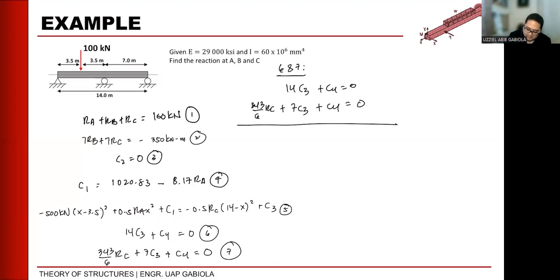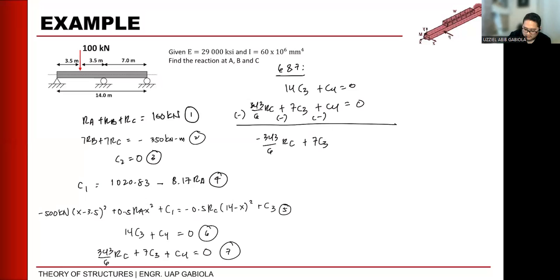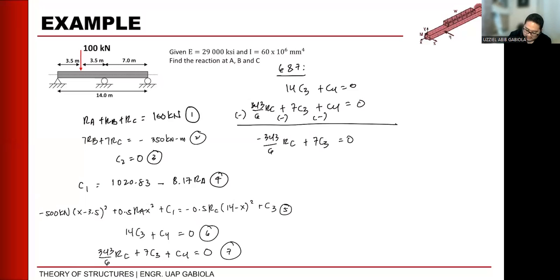So gawin natin pag minusin natin siya, no? So pag pinag-minus, magche-change yung sign nito. Okay? So magiging negative 343 over 6 RC. Then this will be plus 7C3. And then yung C4 natin will be canceled out. So ito yung magiging bagong equation natin. Tatawagin kong equation number 8. Okay? This is in terms ni RC tsaka C3.